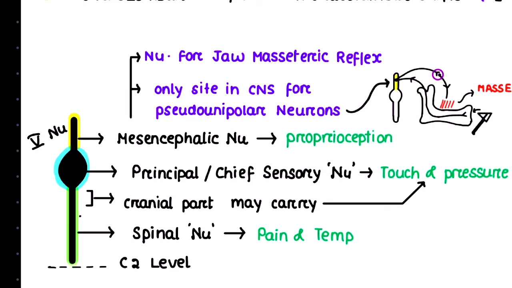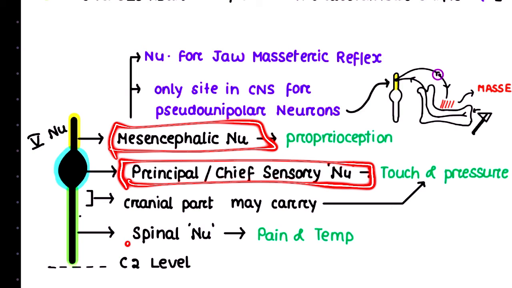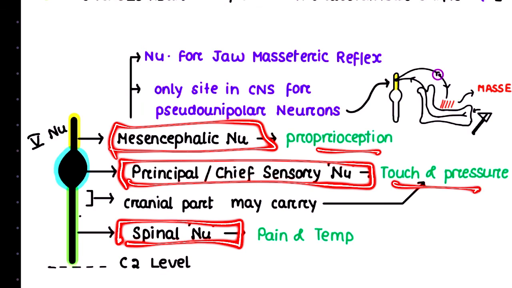Now here we have three different nuclei. Why three different nuclei? Because they have to carry three different kinds of information: proprioception, touch and pressure, pain and temperature.